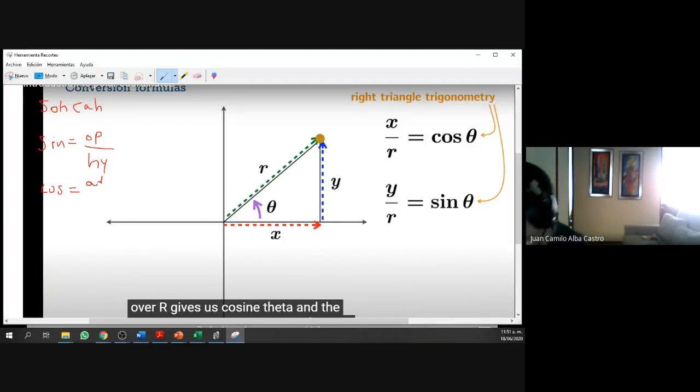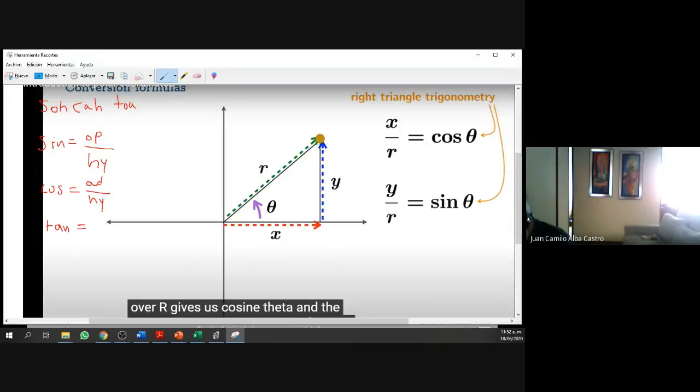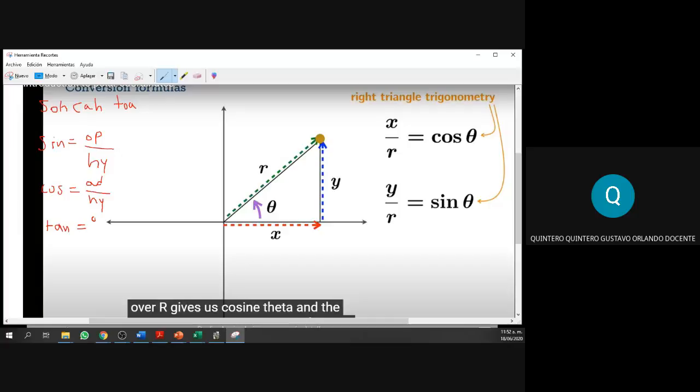And the TOA means that tangent is equal to the adjacent, is equal to seno sobre coseno. All right, that's right. Tangent is sine over cosine. That is correct. But that's not the TOA part, right? The TOA part is that it is opposite over adjacent.